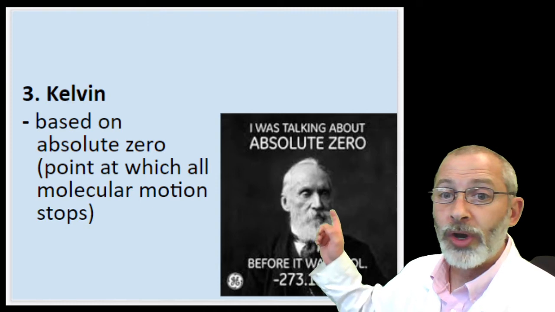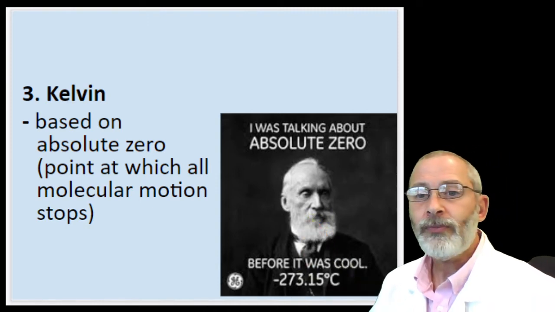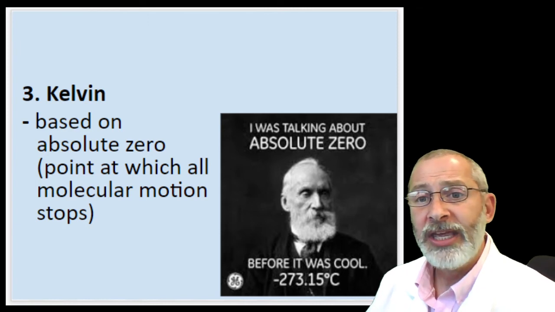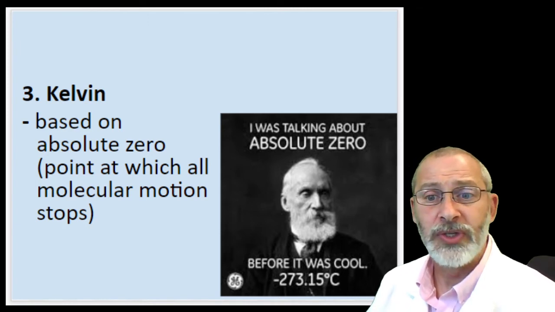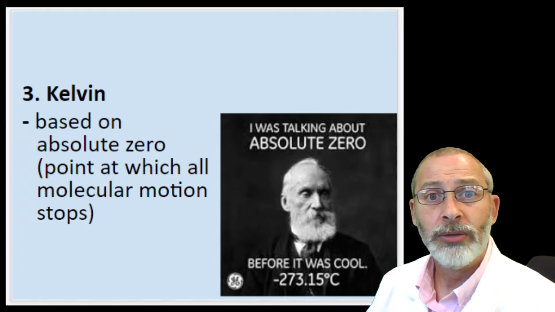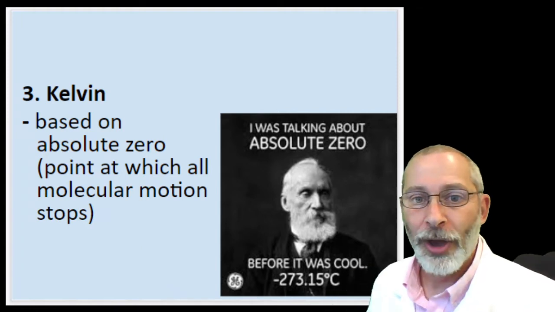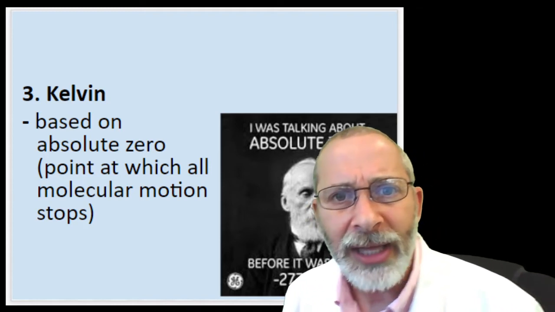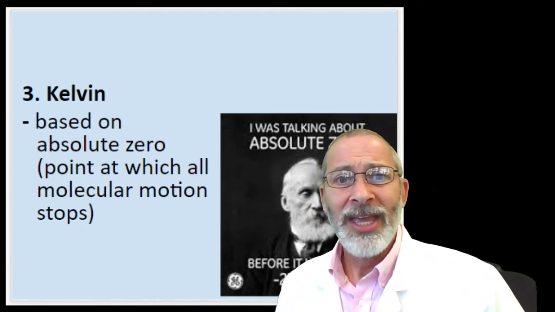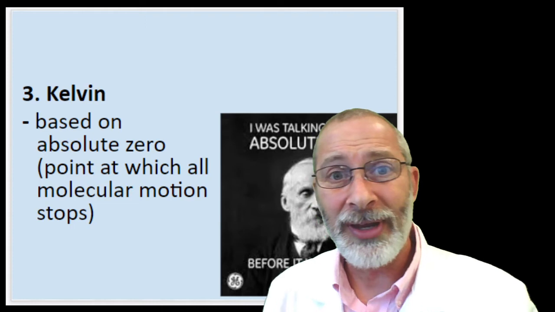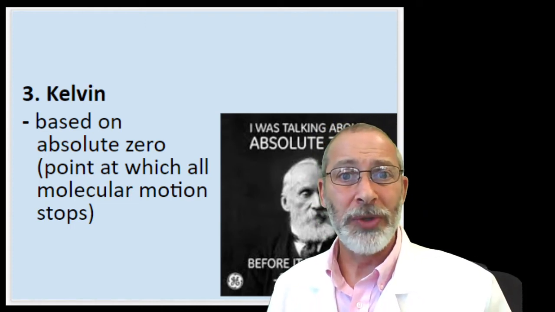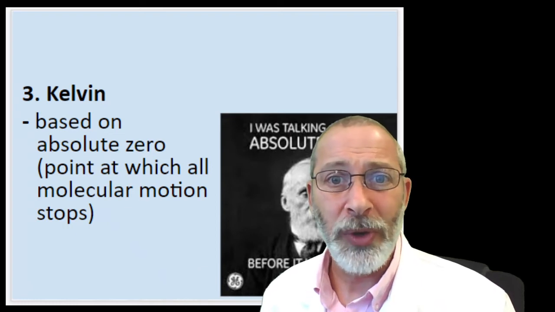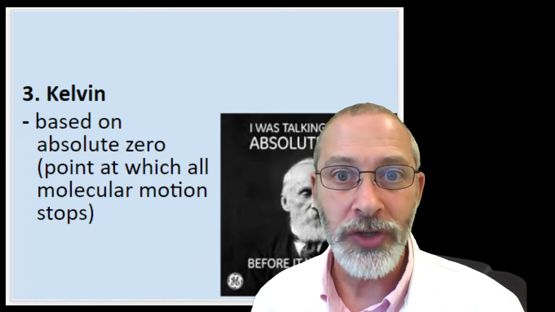And Lord Kelvin, or William Thomson, our scientist of the week, was talking about absolute zero before it was cool. Okay, so the point at which all molecular motion stops, if that were to happen in the universe, would be completely frozen solid. This is not a temperature that we want to strive for in the universe.